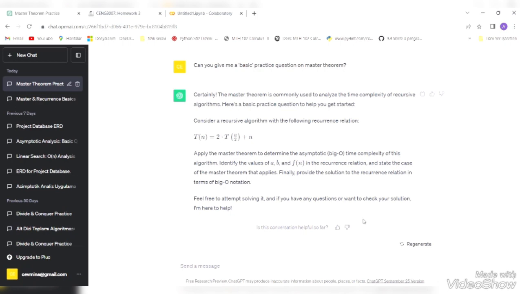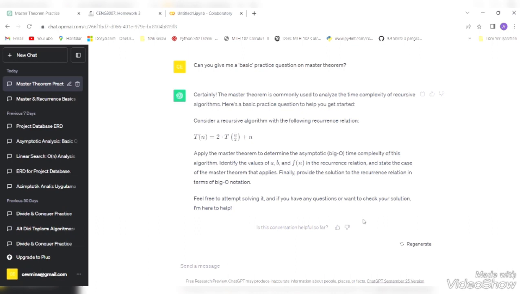Now, the master theorem has three cases. However, let's apply this recurrence relation: T(n) = 2T(n/2) + n.